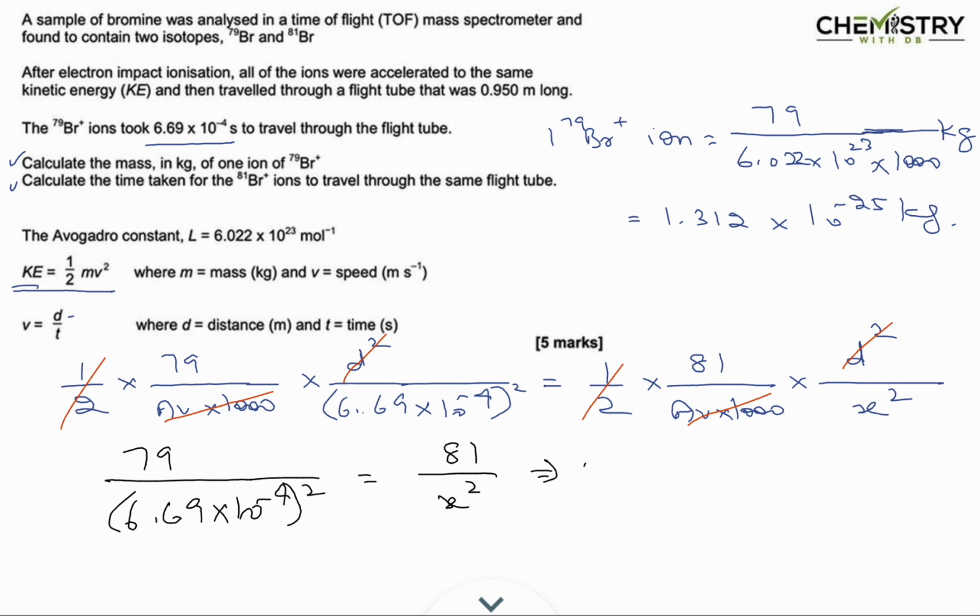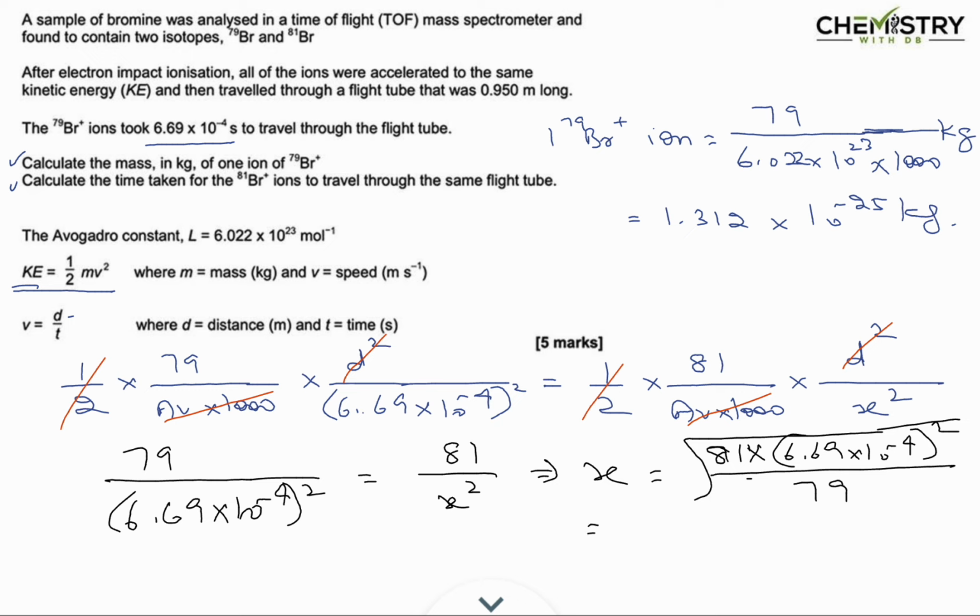Now x is going to be the square root of the whole thing. So this is going to be 81 times the 6.69 times 10 to power minus 4 squared, divided by 79. When we calculate this, we will get 6.77 times 10 to power minus 4 seconds.